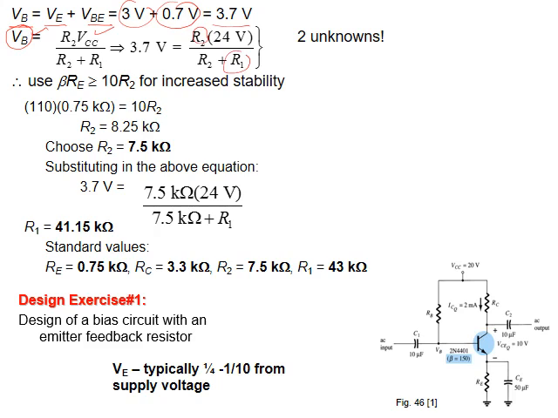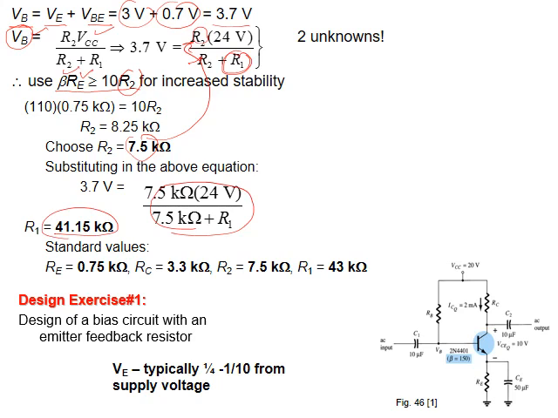We cannot solve it. We need another equation. But for stability we can use the formula that beta RE is greater than 10 times R2. We have RE, we have beta. Can we find R2? Yes, we can. We got it. Now let's take it back here and here to find R1. We substitute, as you can see here, we got R1.